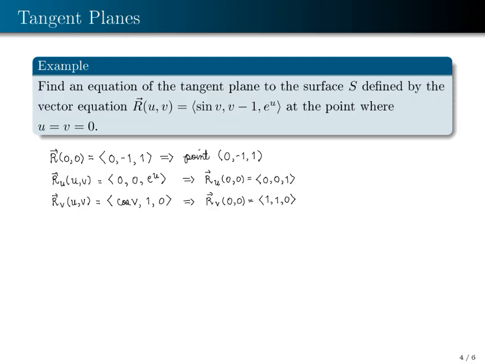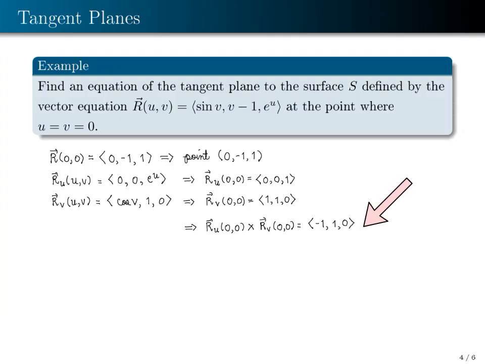Now, we take the cross product of r_u(0, 0) with r_v(0, 0). We get that a normal vector to the tangent plane has components negative 1, 1, and 0.